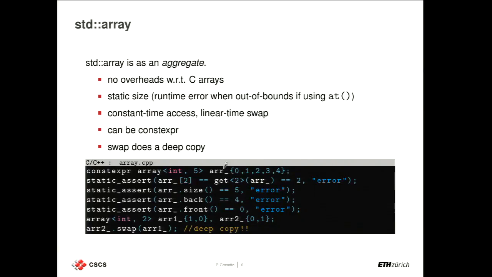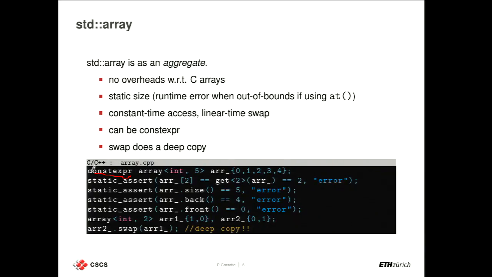You can see here the syntax. It can be constexpr constructed. So it's the only container which can be constructed with constexpr, and it's allocated on the stack, while the other containers by default have an allocator template parameter which allocates on the heap.